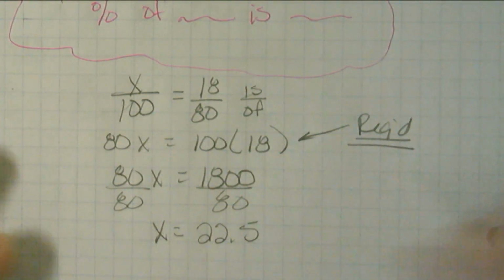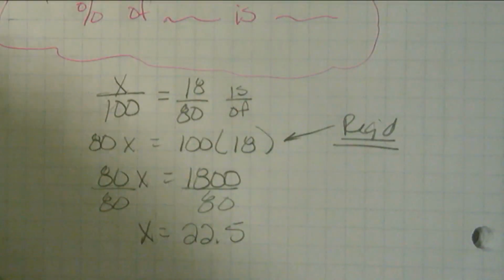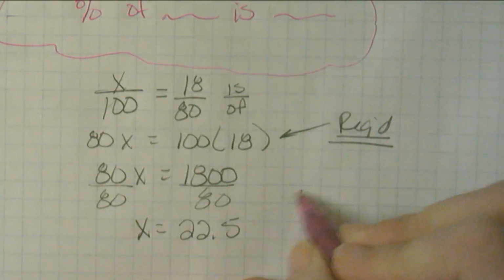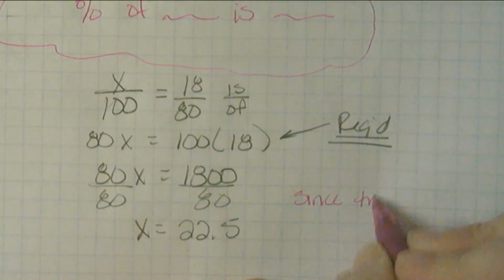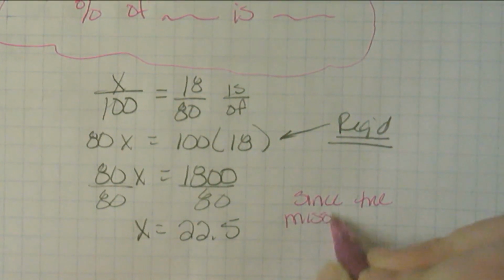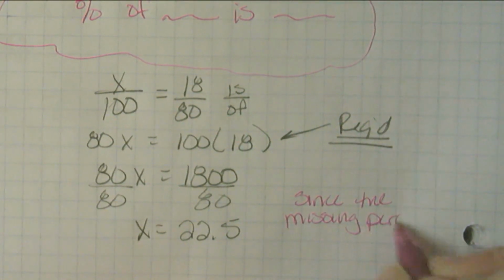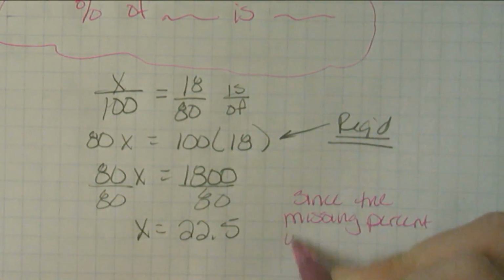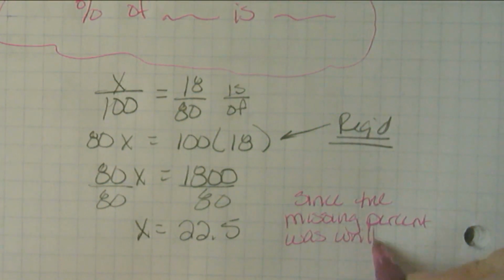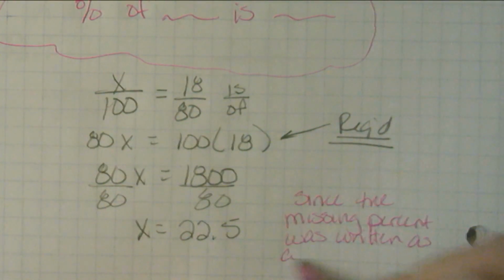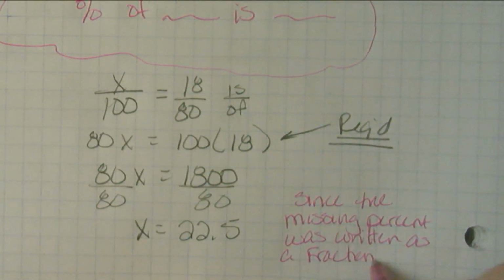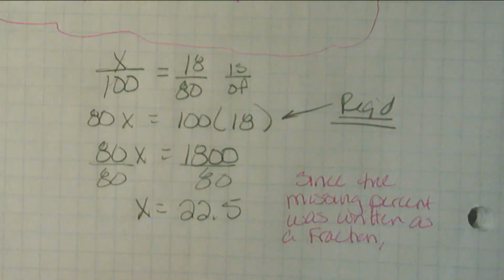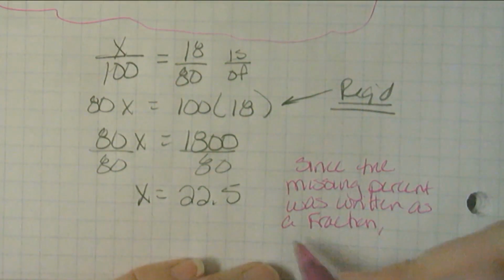22.5? All right, so here's the thing. Let's put a little note here. Since the missing percent was written as a fraction, that x is the actual percent.